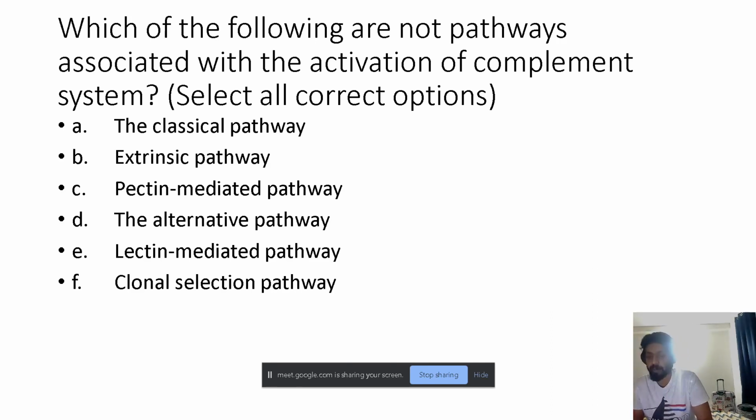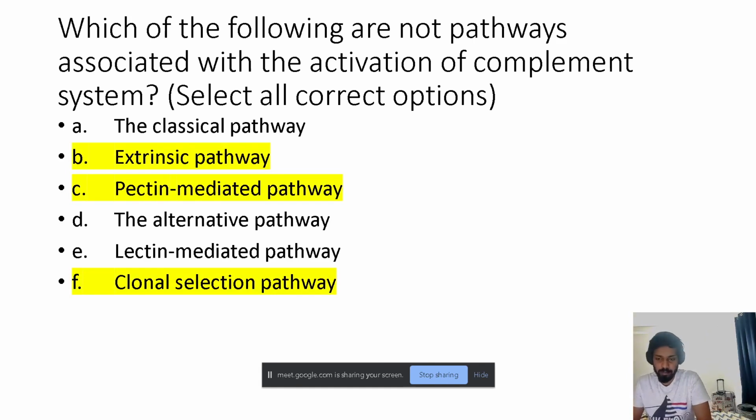We don't have a pectin mediated pathway, and clonal selection is something that happens during T cell maturation. So the extrinsic pathway is the correct option, but for some reason it's highlighted, so ignore that. The pectin mediated pathway and the clonal selection pathway are the correct options.